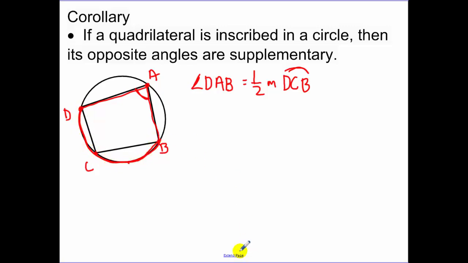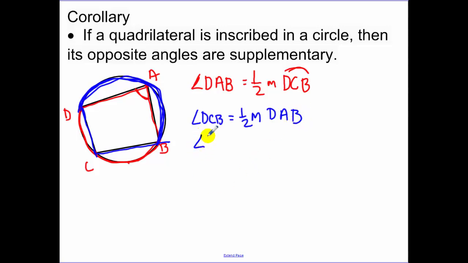Now what's the angle that's opposite of that? Angle DCB. So angle DCB is half that. So that arc there is half the measure of arc DAB.